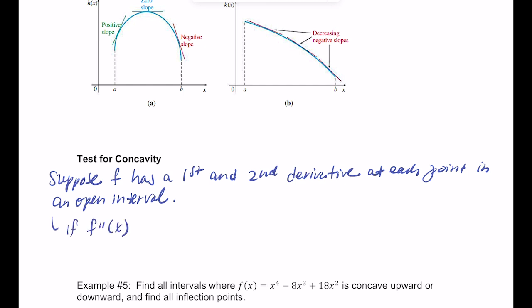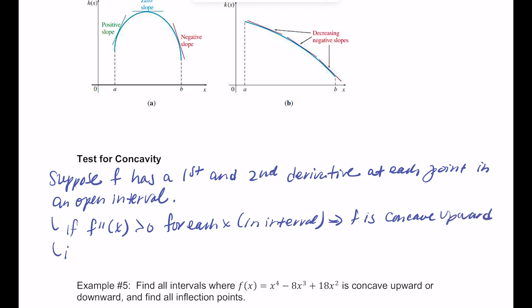If the second derivative of f is positive for each x in the interval, then that tells me that f is concave upward. And you can probably guess that if the second derivative is less than 0 for each x in the interval, f is going to be concave downward.